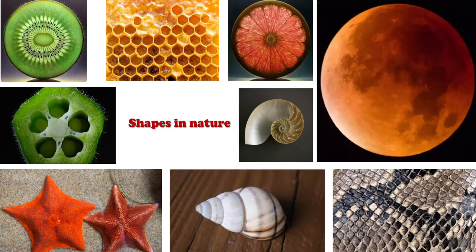The starfish, the snail, and at the bottom right, we can see the scales of a snake. They are little rhombus or squares put together to form a pattern of different colors. So in nature, we haven't invented these shapes. They exist already, beautifully in nature, I can say.